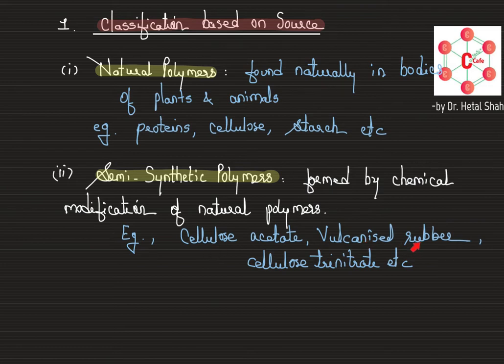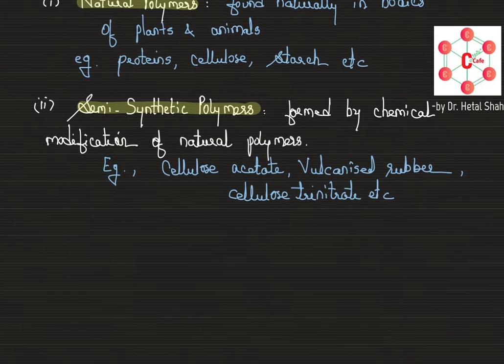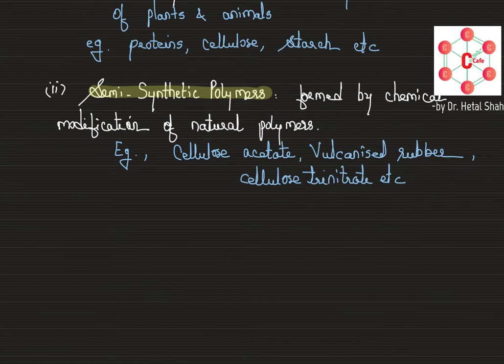Vulcanized rubber is formed by taking natural rubber and vulcanizing it, and cellulose trinitrate is obtained by taking natural cellulose and then performing nitration on it.